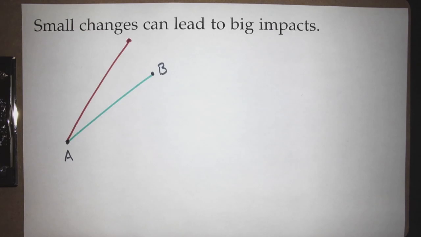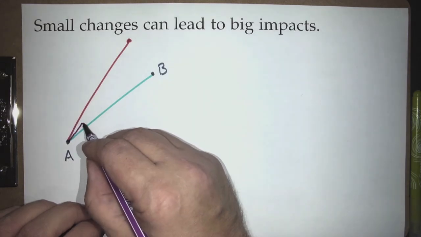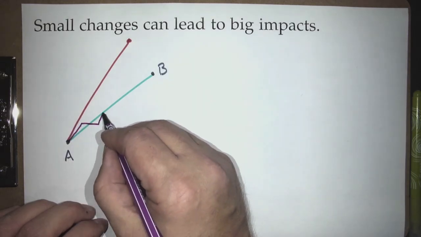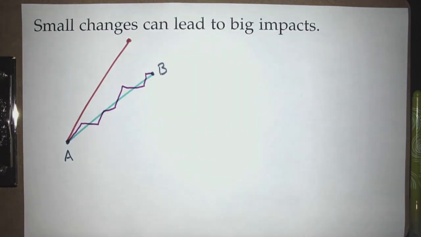So that small change at the start builds up, and it accumulates. Now, that's not how planes would fly. Well, how would they fly? They would fly something along the lines of the following. They'd head off, they'd get off course, and they'd correct, and usually they'd overcorrect, and it was very zigzaggy.